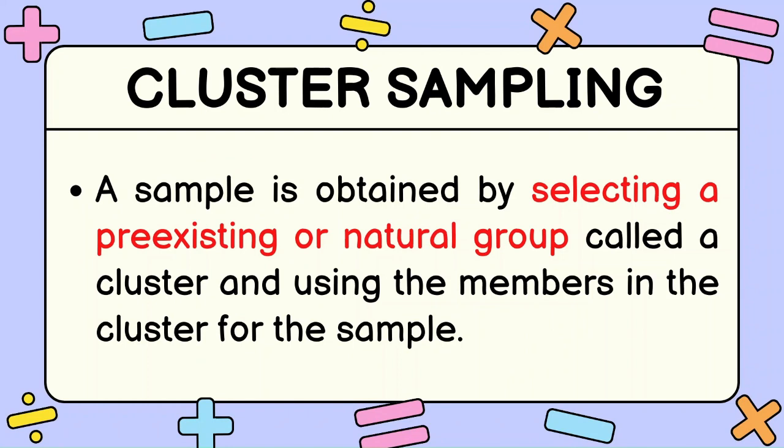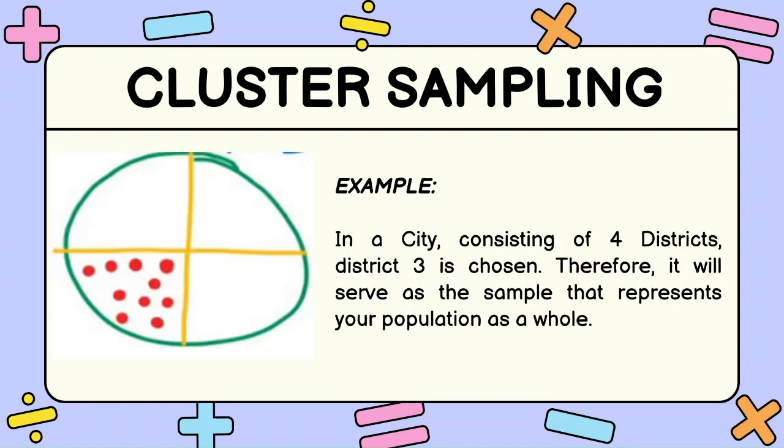The next kind of probability sampling is cluster sampling. A sample is obtained by selecting a pre-existing or natural group called a cluster. When we say pre-existing, it is already there. And then using the members in the cluster for the sample. So here's an illustration. For example, in a city consisting of four districts, District 3 is chosen.